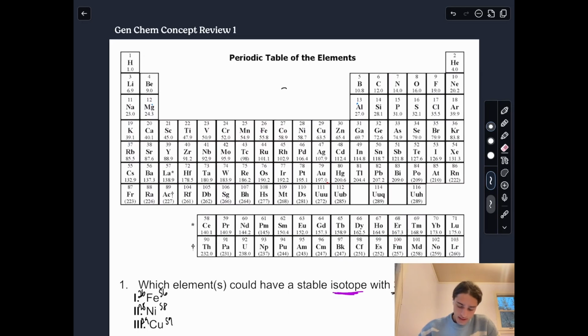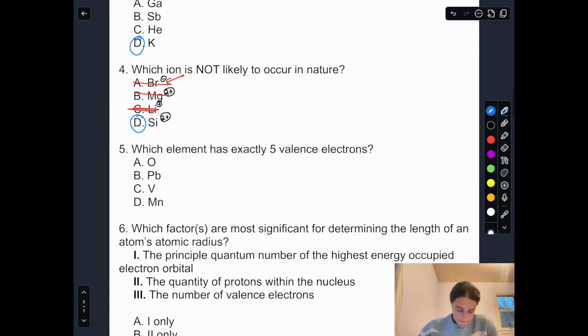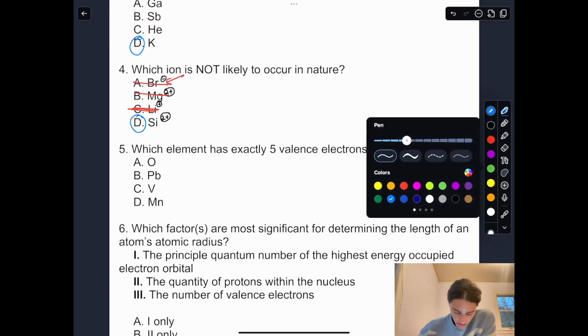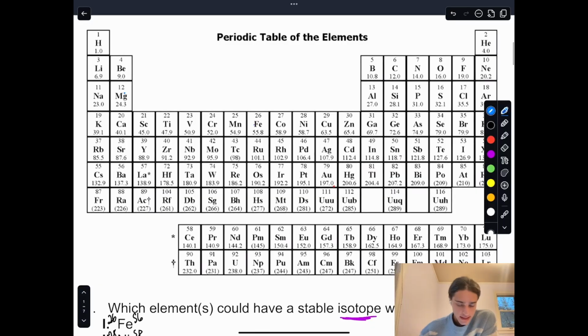All right, so the next question, what do we got? Which element has exactly 5 valence electrons? This one also is pretty straightforward. So in general, as you move from left to right in the groups, you add a valence electron, right?